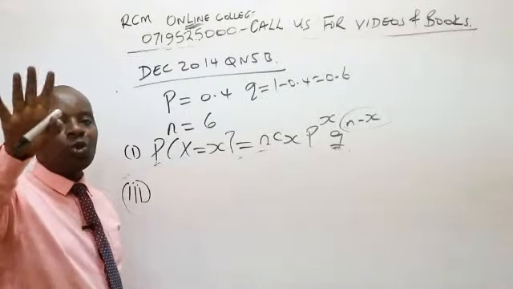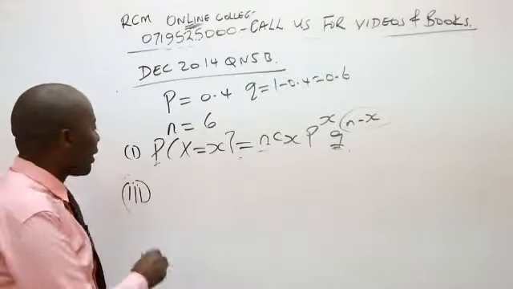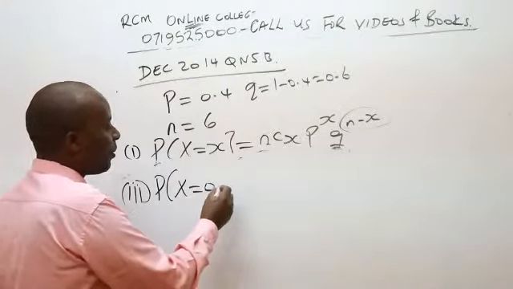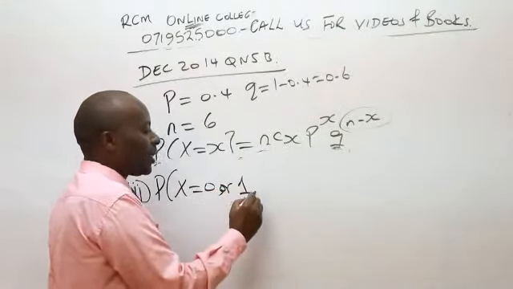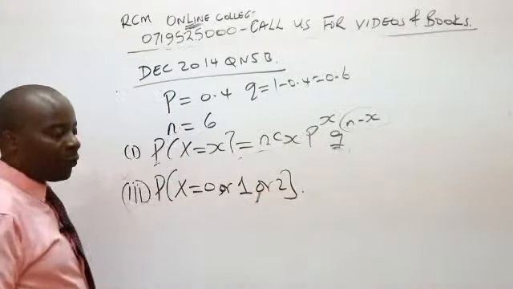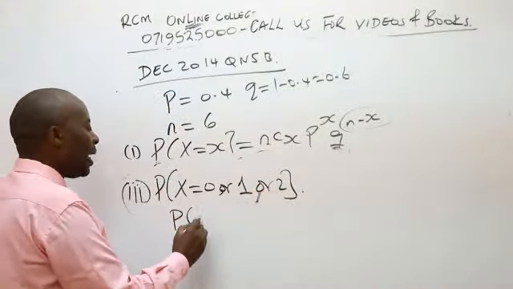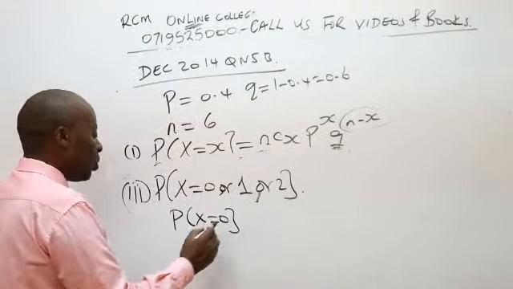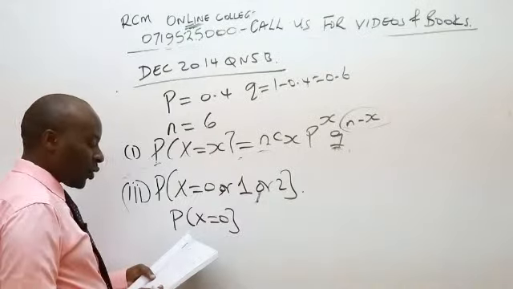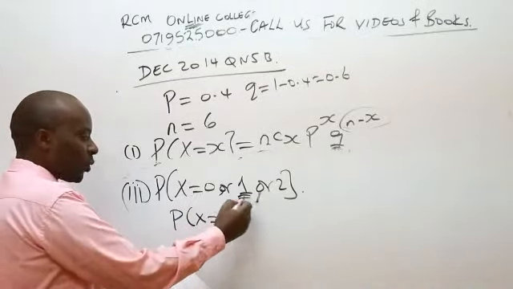At most 2, so 2 is the highest. This is equivalent to saying probability of X is 0, or probability of X is 1, or probability of X is 2. We don't have probability of X equals 0, we have to look for this. The one that we have is 1. At least this one here, we have it.